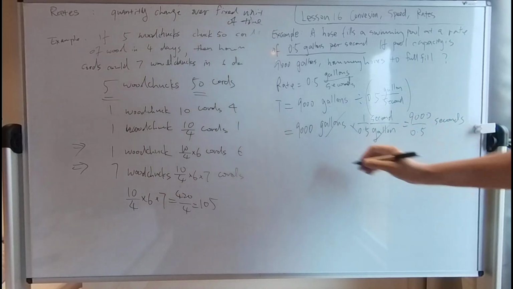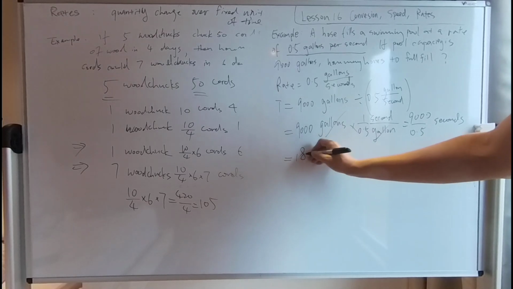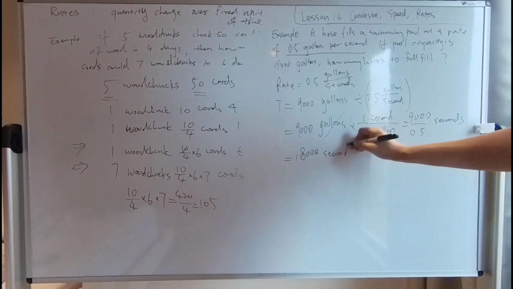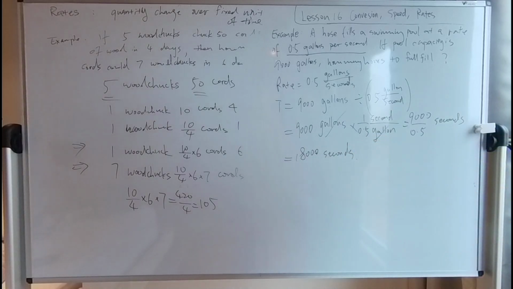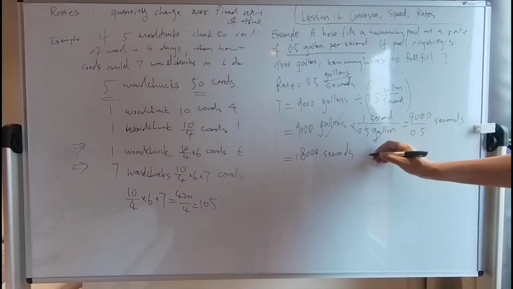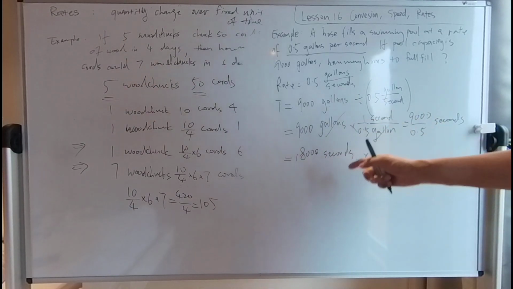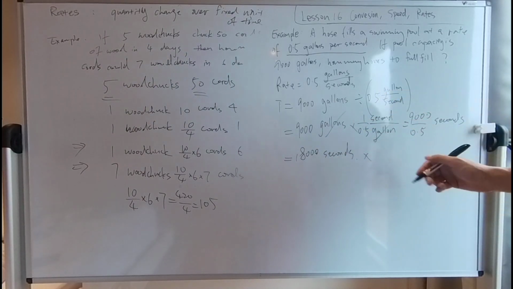seconds. So that is 18,000 seconds. So I already have the time. I know that it took 18,000 seconds to fill up the swimming pool. But the question is asking in terms of hours. So I need to further convert seconds to hours. So seconds need to be converted to minutes, and minutes need to be converted to hours.